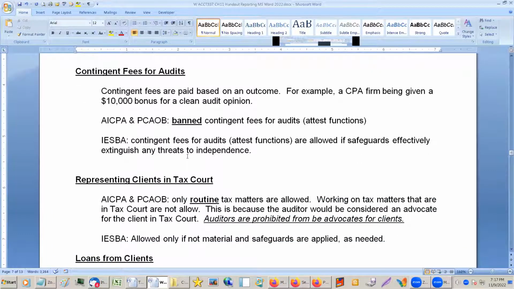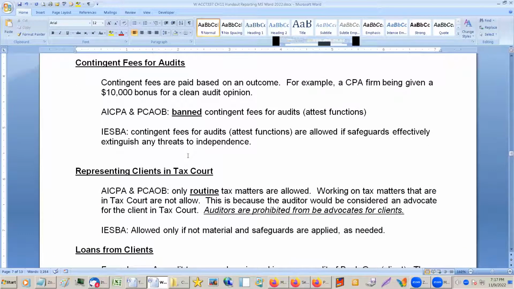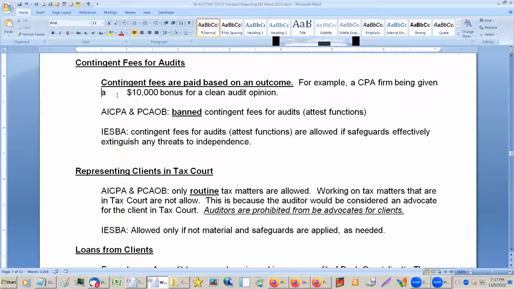This one is kind of strange, really strange, actually. Contingent fees. Contingent fees are based on an outcome. In other words, you get paid a certain amount that's contingent on some factor. For example, a CPA firm getting a $10,000 bonus for a clean audit opinion. That $10,000 bonus is contingent on a clean audit opinion.